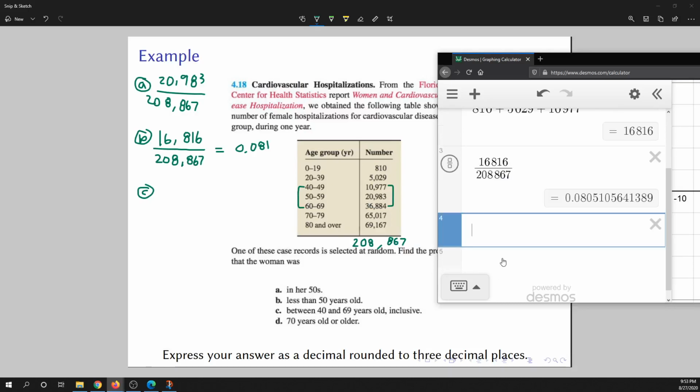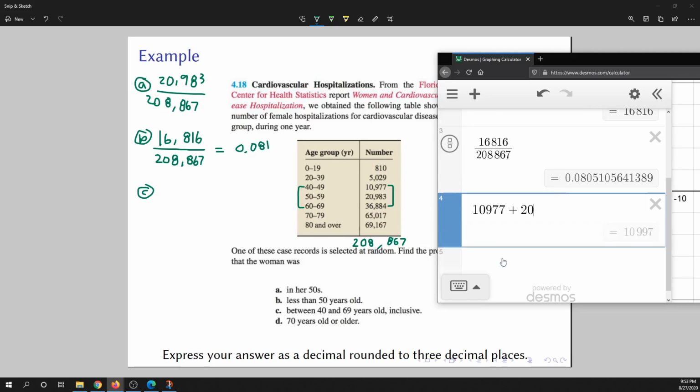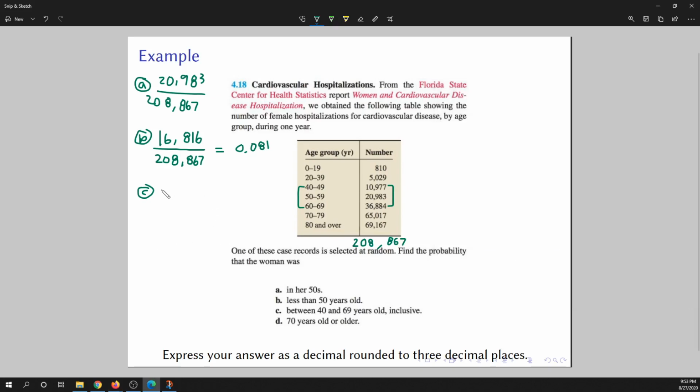So that would be 10,977 plus 29,983 plus 36,884. So 77,844 over 208,867, which is again, right, the number of women in the sample space.